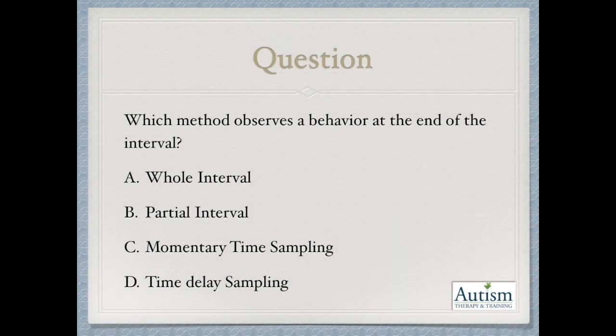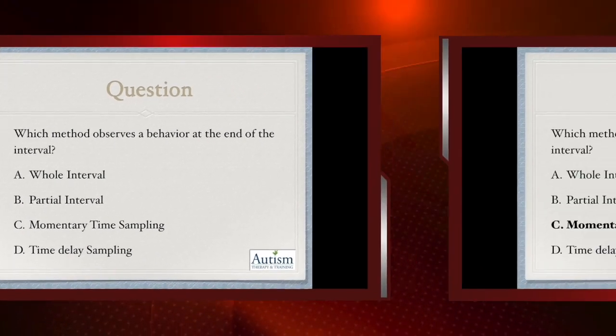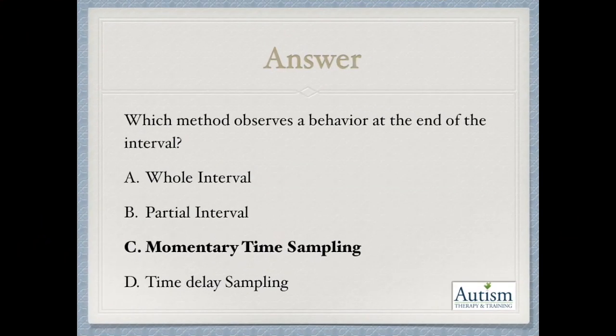Which method observes a behavior at the end of the interval? Is it A, whole interval, B, partial interval, C, momentary time sampling, or D, time delay sampling? And the correct response is C, momentary time sampling.